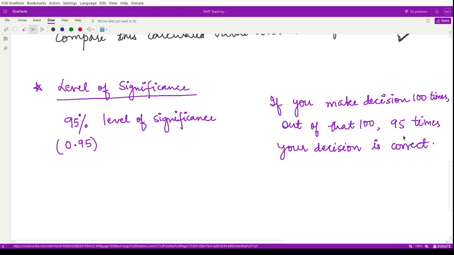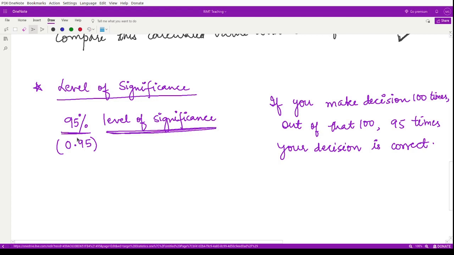So in that case we say that our decision is 95% correct and 5% it could be wrong, because our results are obviously not exact, you may say. Therefore we use this term level of significance to justify the correctness of our decisions.